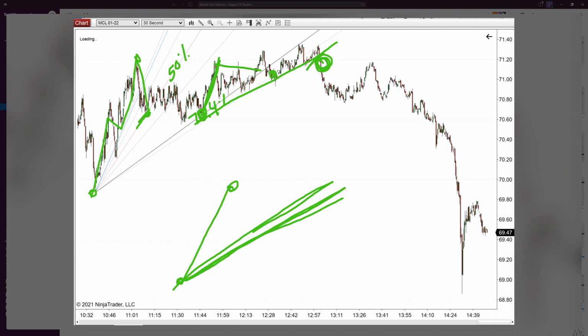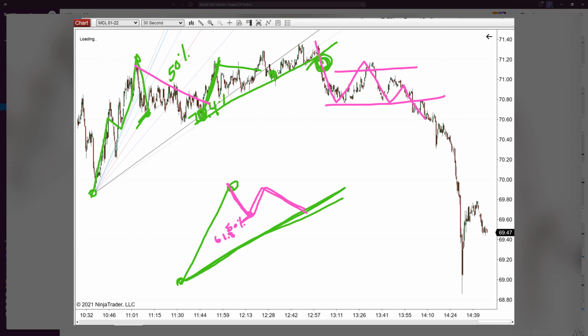What we're going to be looking for is that on the pullback, we want to see this initial low hold at either the 50% or the 61.8% fib band for your two-wave correction. And this applies to any bull flag or bear flag, as well as the Phoenix and the Avalanche reversals. This is an Avalanche right here, for example, where you're looking for a breakdown.